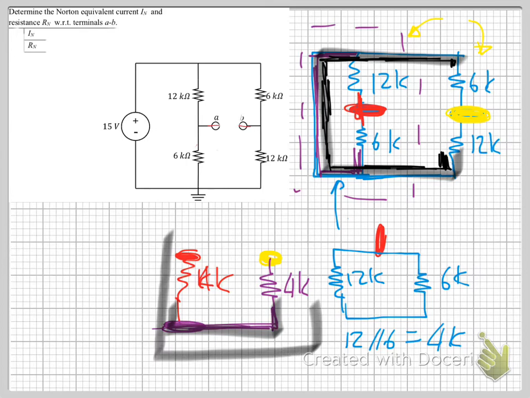Oh, it was a rather long-winded question. I thought it would be simpler. That gives you 8 kilo ohms, right? So yeah, this was a bit of a weird one. So just to reiterate in terms of this picture, right?